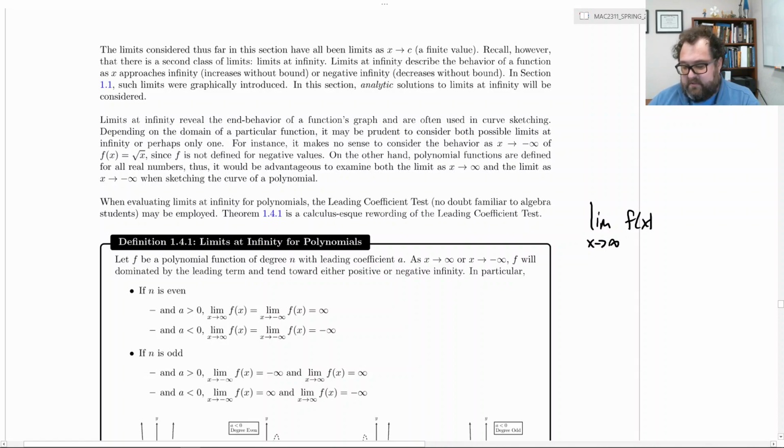So remember, previously we basically focused on limits where we're approaching some finite value c. But we also need to talk about limits as we approach positive infinity, or maybe negative infinity. Now this first quick video on the topic should be familiar to you, because in fact it's a box straight out of the college algebra book that I wrote for my college algebra students.